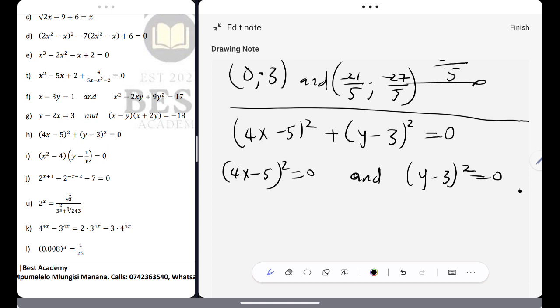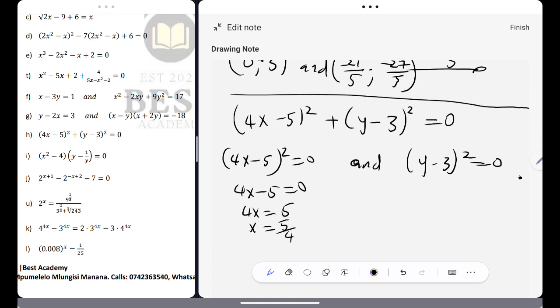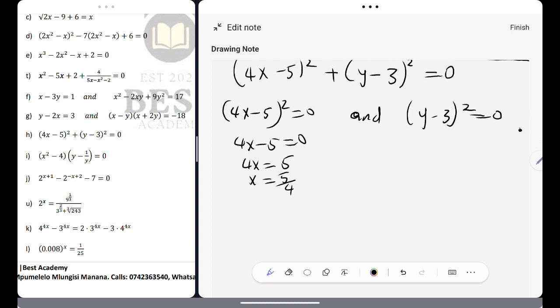So I just need to solve for x on the first bracket. I must put the square root on both sides, and I'll have 4x minus 5 is 0. Then 4x is equal to 5. x is 5 over 4. In this case, I'll put the square root on both sides as well. Don't need to show it.